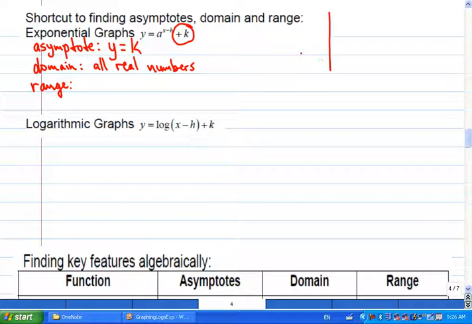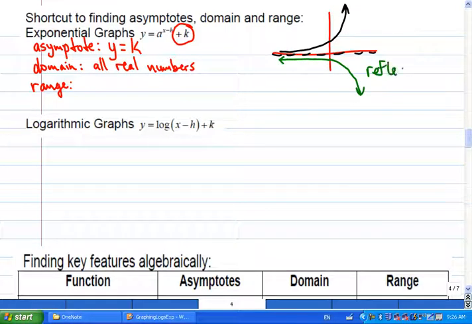Okay. The range. Well, if we take a look at the exponential graph again, remember it's rising off that asymptote, so it's basically going to assume one side of the asymptote. It could also go this way, and in that case it would have to have a reflection in the x-axis.